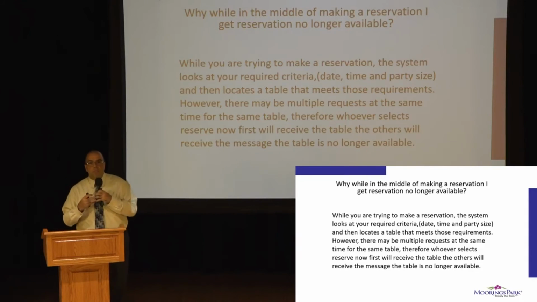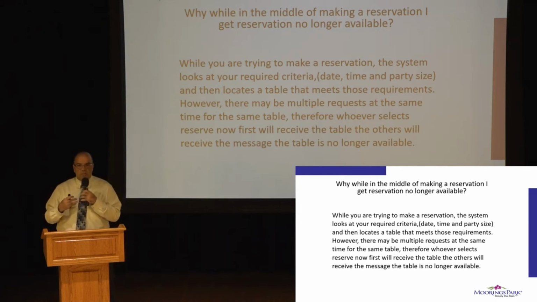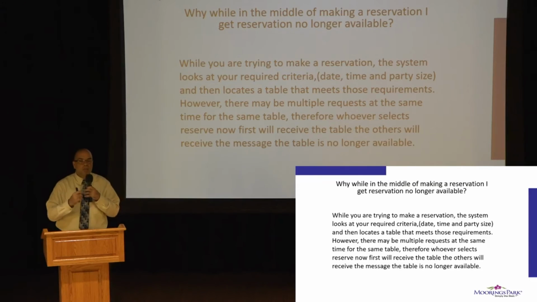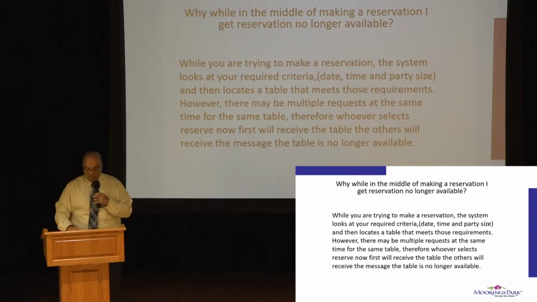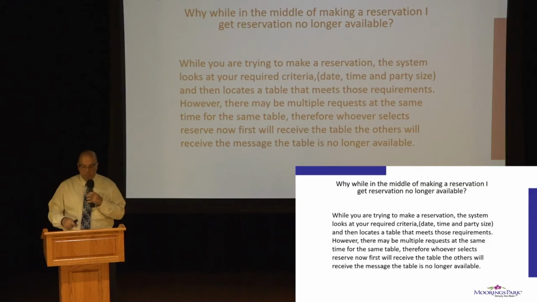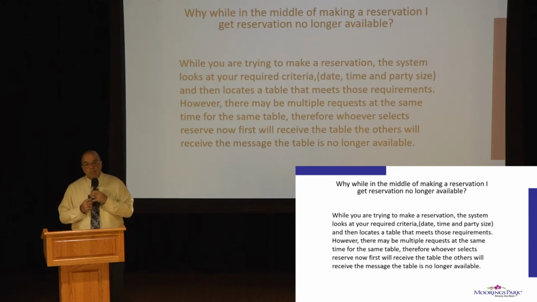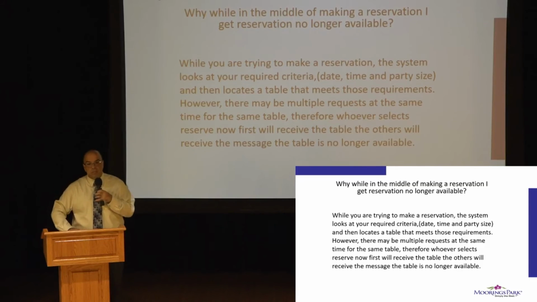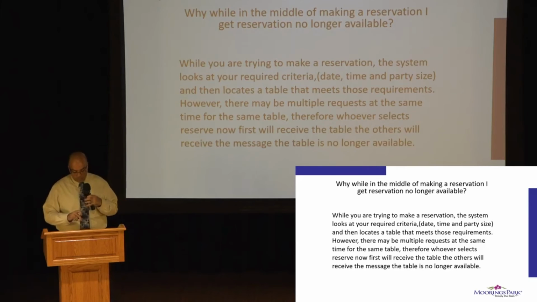There is a table available for 4, but before you were able to click on to make that reservation, one of your fellow residents also selected that table, and they were a little faster on clicking the button, which is why you would then get that message saying that that table is no longer available. Again, this comes back to being first come, first served, and the system is working as it was designed to make those reservations based on when you get there.